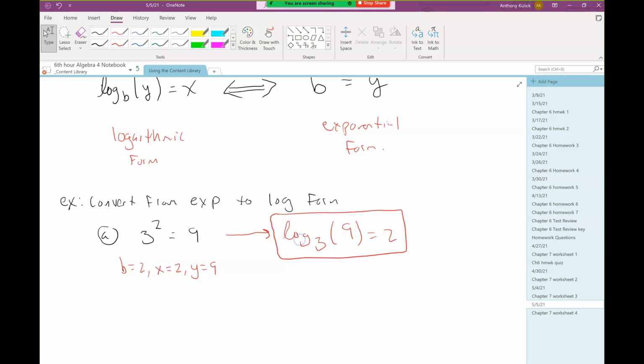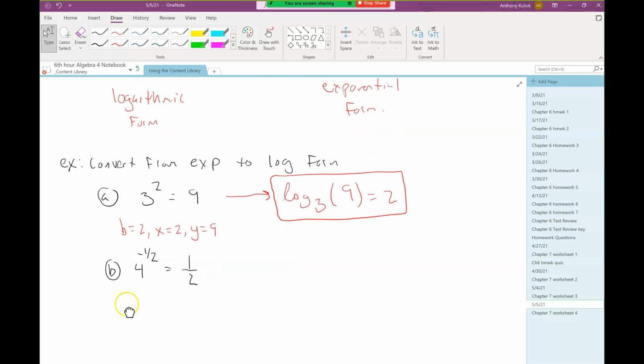Let's do one more. Here, again, my x is negative 1/2, and my y is positive 1/2. So what would I write?